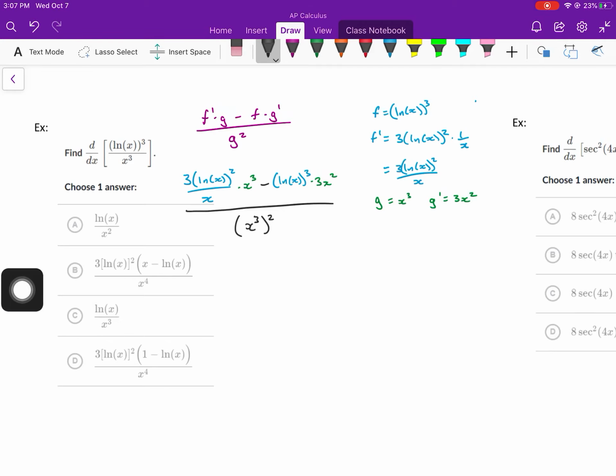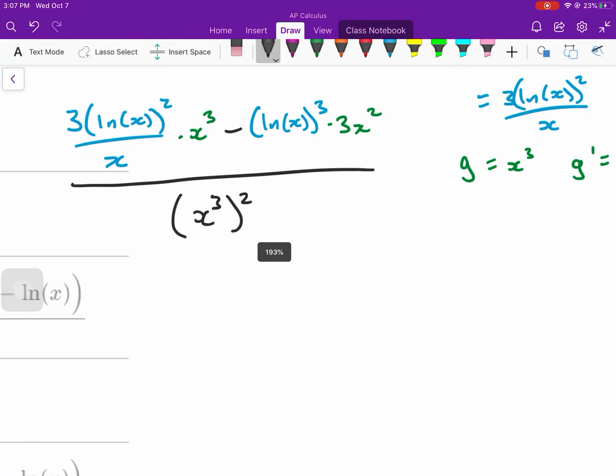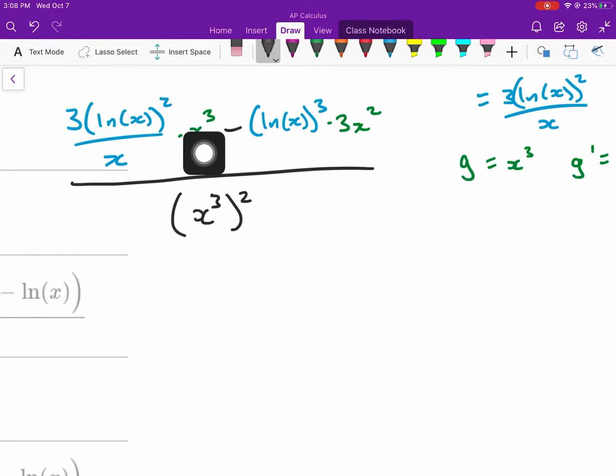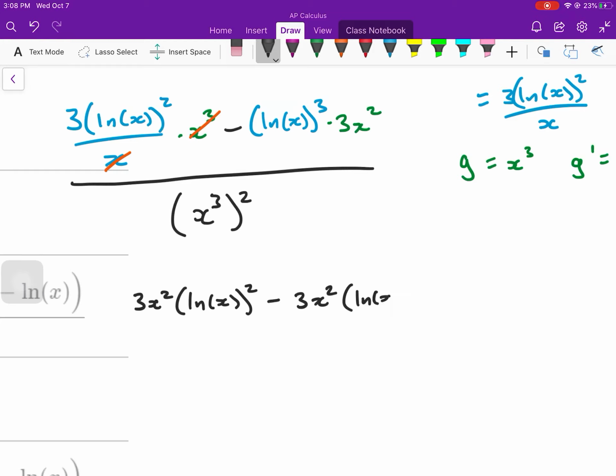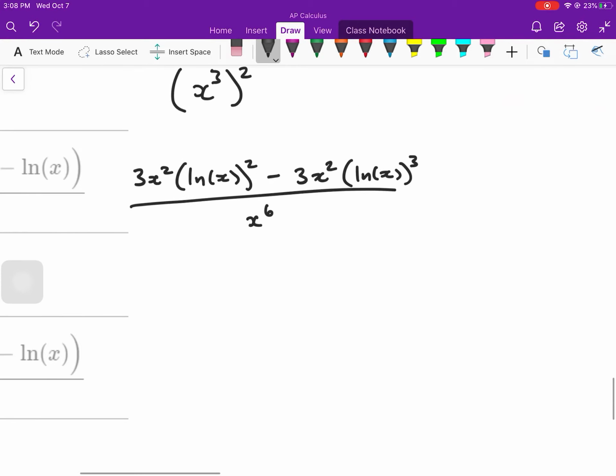So let's see what we can get. We're going to simplify this, probably factor something out. So simplifying this a little bit, x and x cubed will cancel with each other, to give x squared. So we're going to have on the top 3x squared natural log of x squared minus 3x squared again, actually, times natural log of x cubed all over x to the 6th.